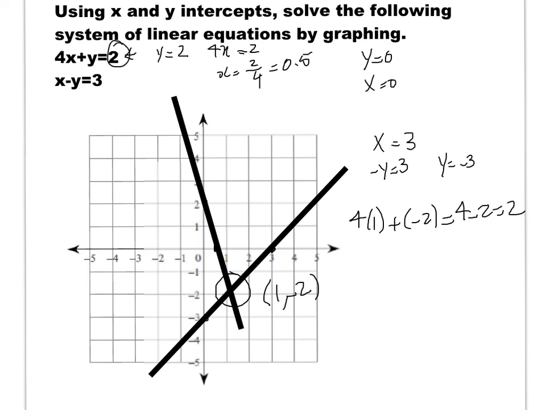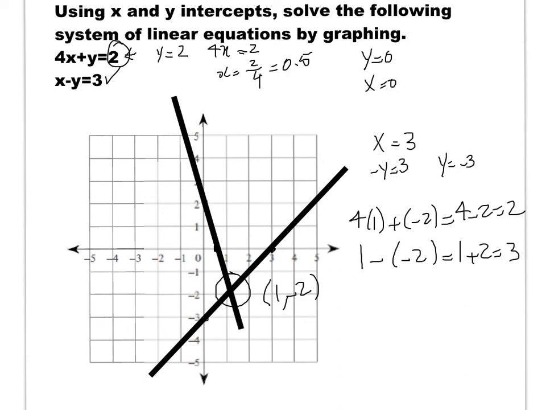The second equation says x minus y, so 1 minus negative 2, which is 1 plus 2, which is 3, which is also correct. So this shows that the POI found satisfies both equations.